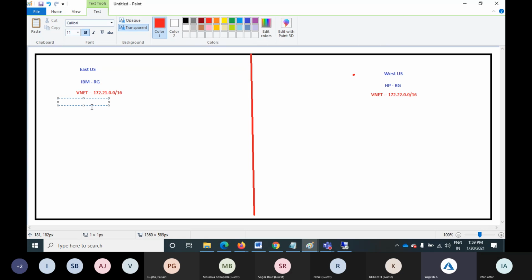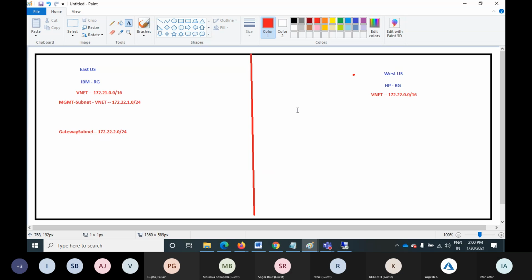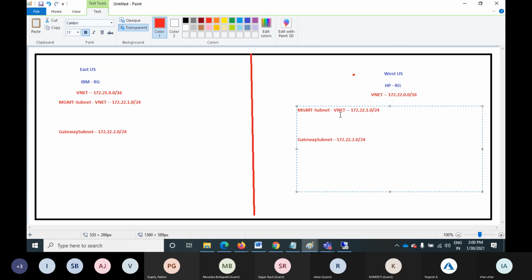Then the subnets: the management subnet is 1.0/24, and the gateway subnet is 2.0/24. Sorry, the management subnet is 1.0 and your gateway subnet is 2.0/24.